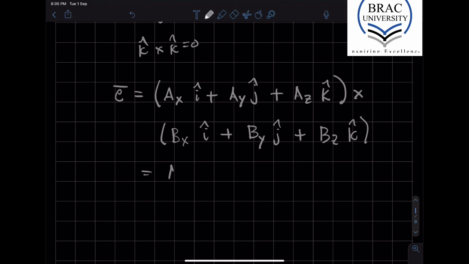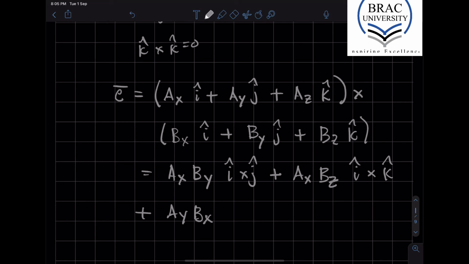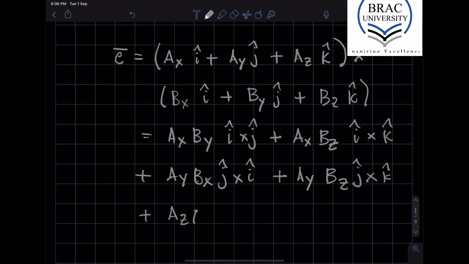So what we'll have left is A_x B_y times i cross j, plus A_x B_z times i cross k, and then A_y B_x times j cross i, A_y B_z times j cross k, and then A_z B_x times k cross i, and then A_z B_y times k cross j.